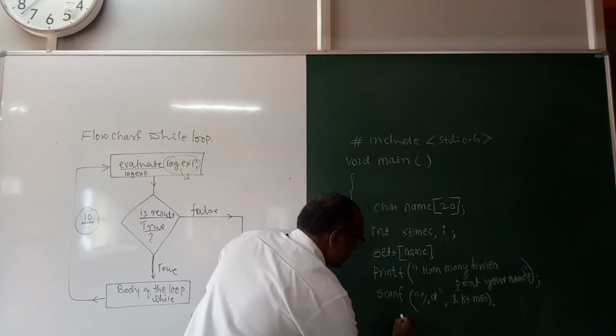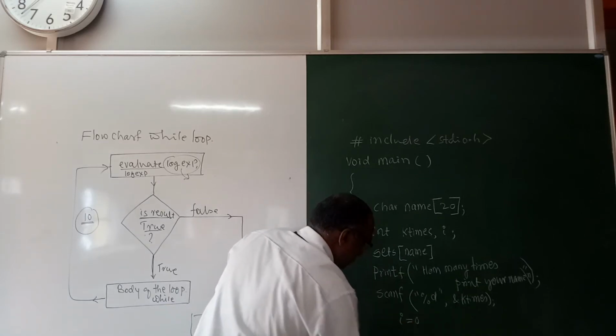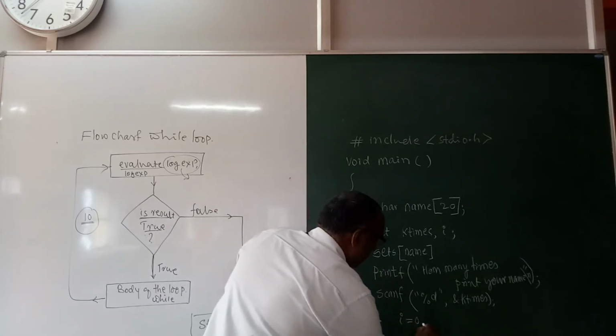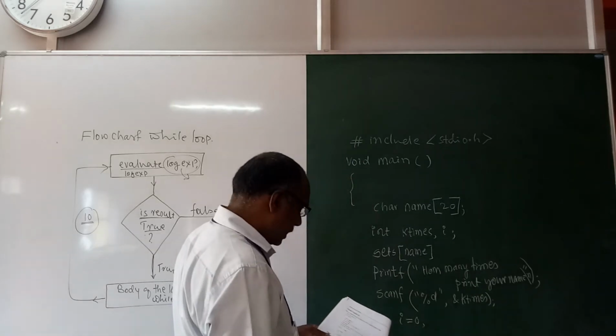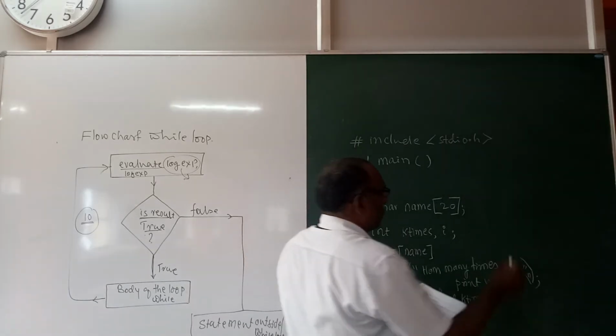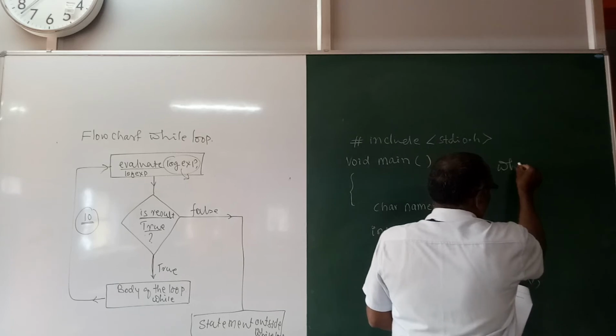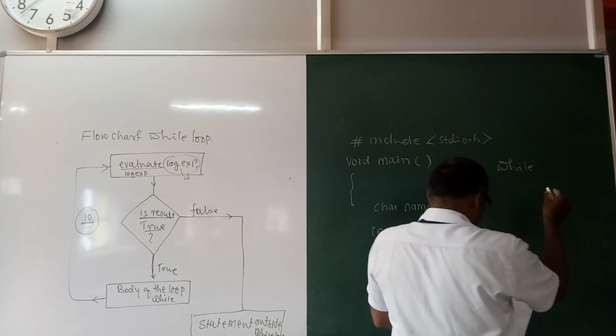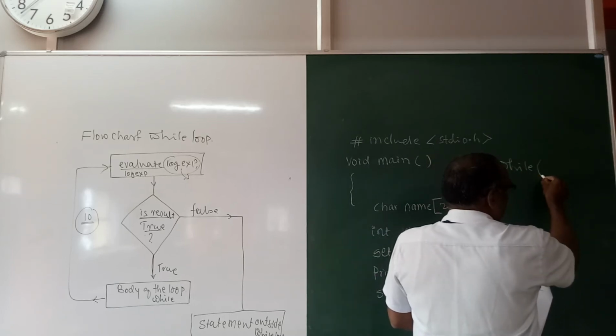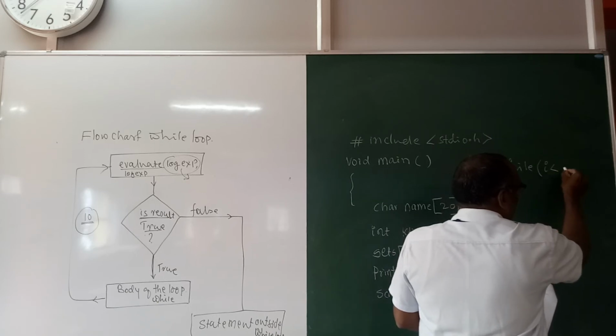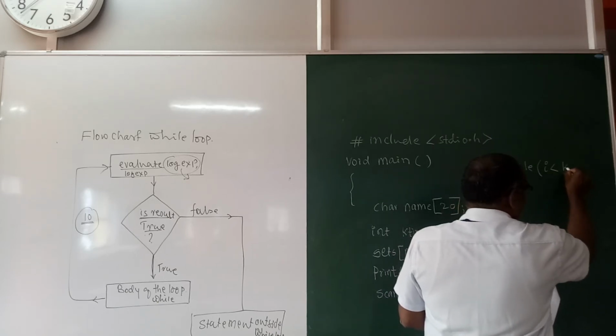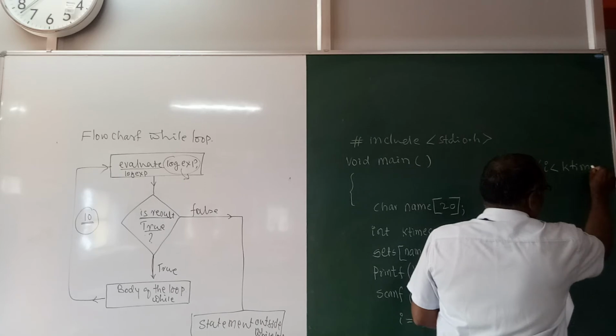Initial counter statement here: i is equal to 0. Now I am using the while statement. Here in brackets, i less than k times.